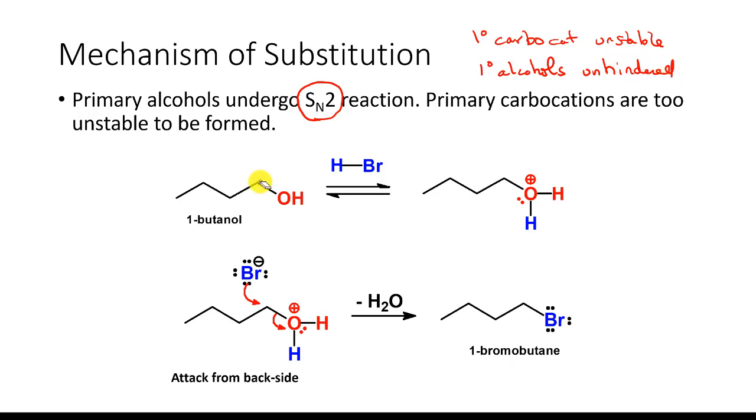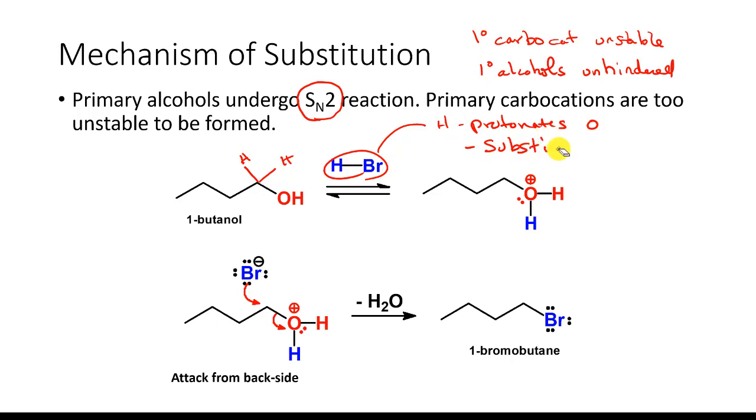That is, it has two hydrogens here and the one alkyl group, and as a result, it's easy for the nucleophile to attack. So we get the same result as the alkyl halide, the H protonates the O, and then the Br substitutes.